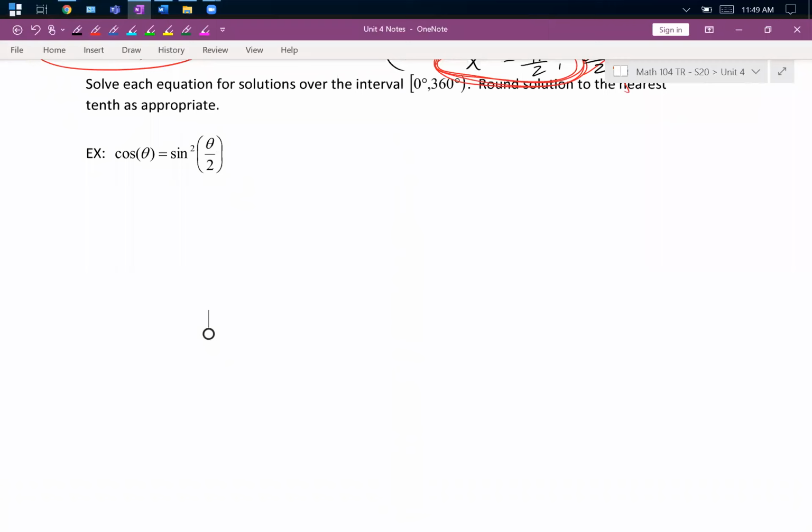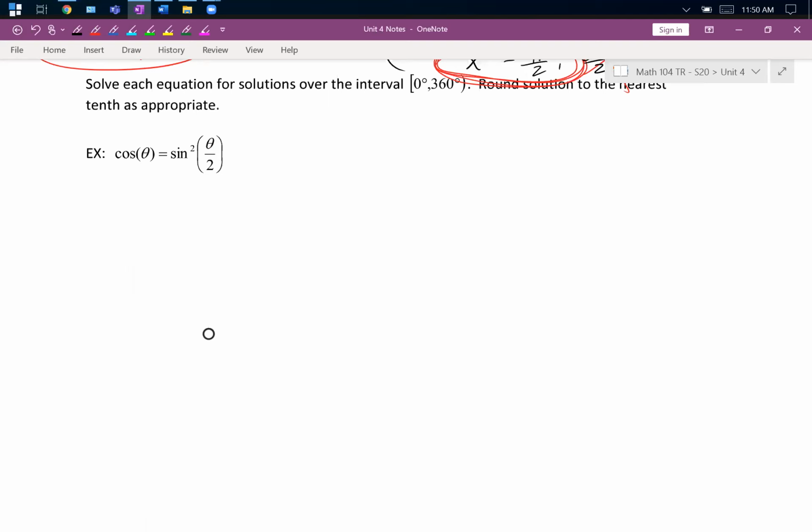We want to solve cosine theta equals sine squared of theta over 2. Now when I look at this equation, I see double trouble. I see 2 different trig functions, and I see 2 different arguments. I would like the same trig function and the same argument. Any ideas?